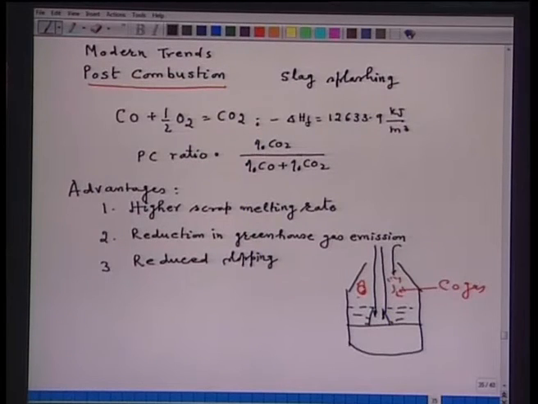So, the essence of post combustion technology is again to develop a suitable lance for blowing the extra amount of oxygen at a lower velocity, because the higher the velocity of oxygen, the less it will be able to combust all the CO, because CO is dispersed in a large area of the vessel.